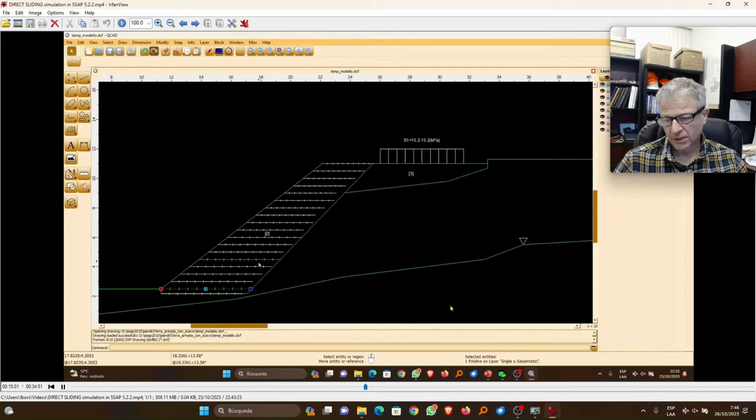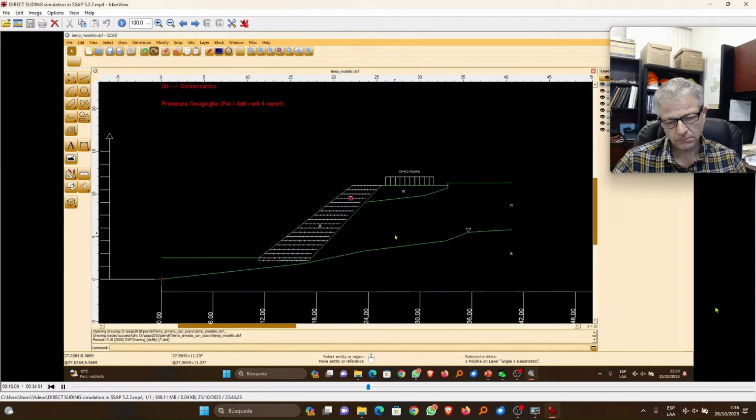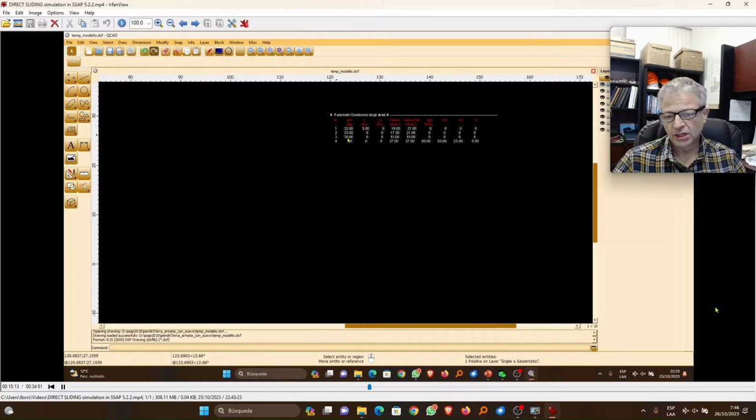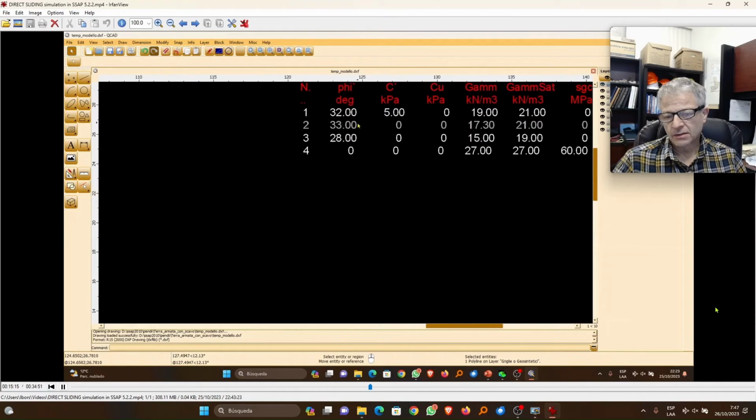Each one of the levels in the berms is practically a reinforced level of geogrids, and the filling has a design value of 33 degrees of internal friction angle.